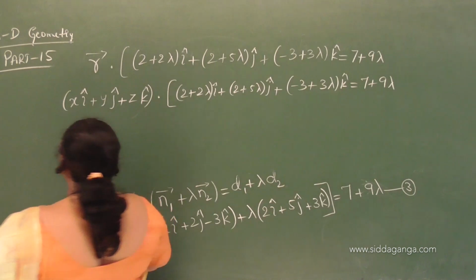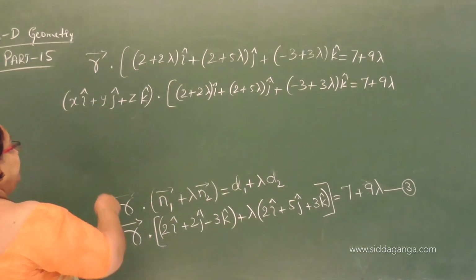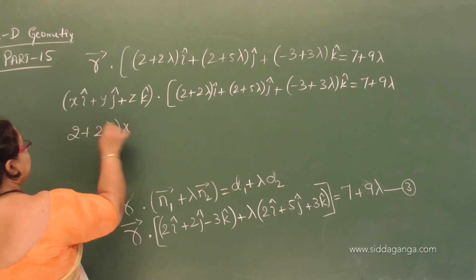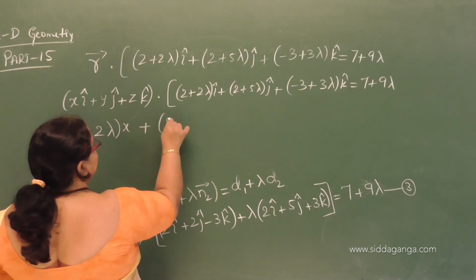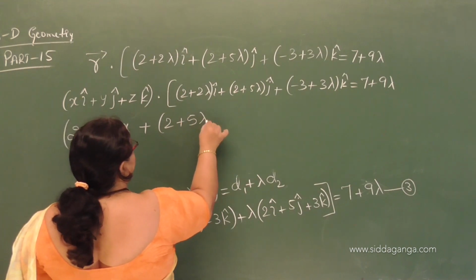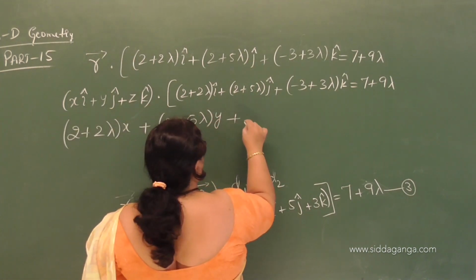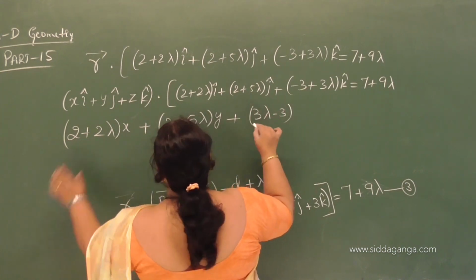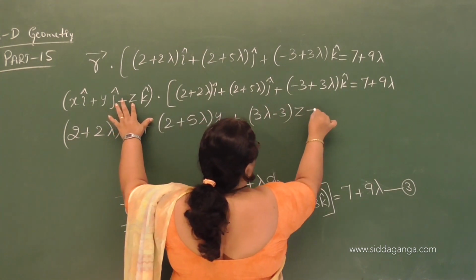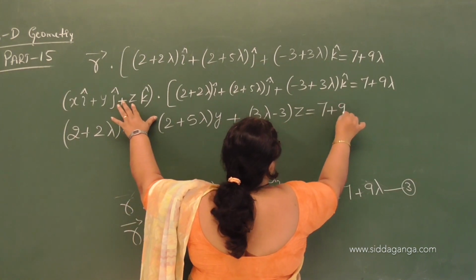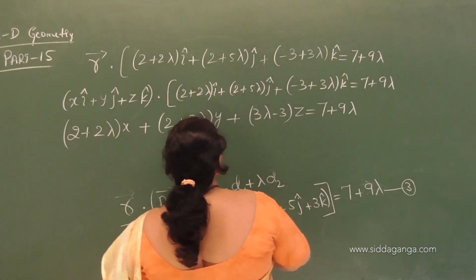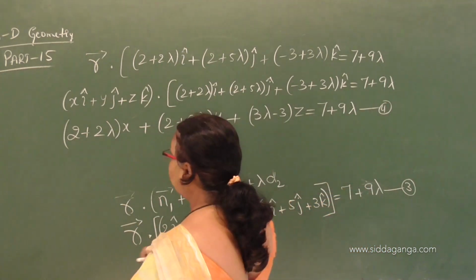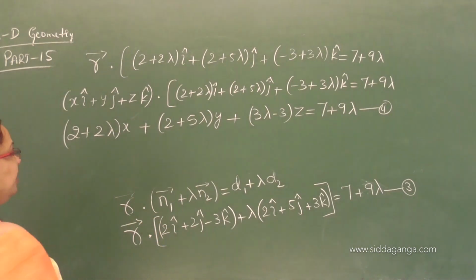Now take the dot product, then it becomes (2 plus 2 lambda) into x plus (2 plus 5 lambda) into y plus (3 lambda minus 3) into z equal to 7 plus 9 lambda. We can substitute here, or put it here as well, so doing it this way is easier for us.